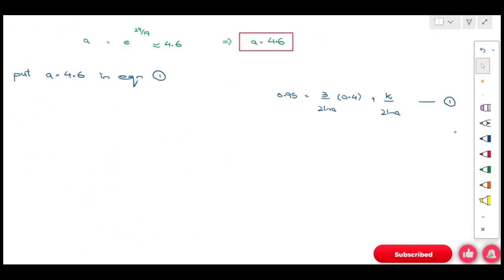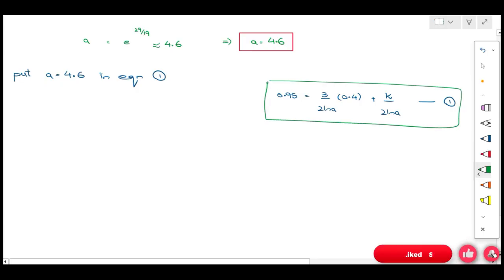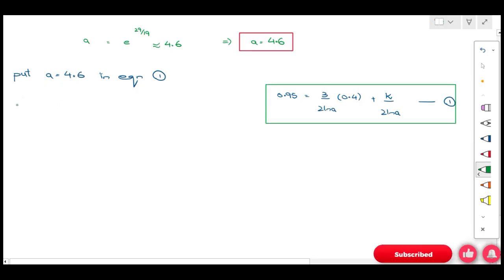So this is my equation 1, I pasted my equation 1 over here, right? So just substitute the value. So 0.95 is equal to 3 times 0.4 divided by 2 natural log of 4.6 plus k divided by 2 natural log of 4.6.